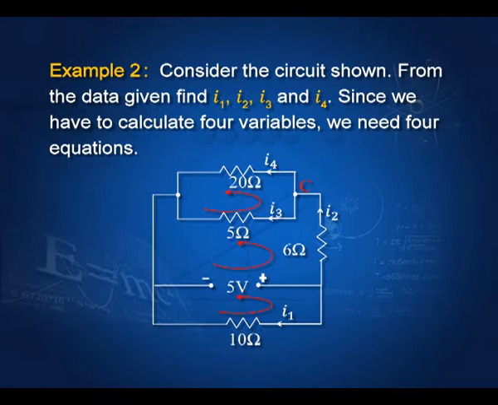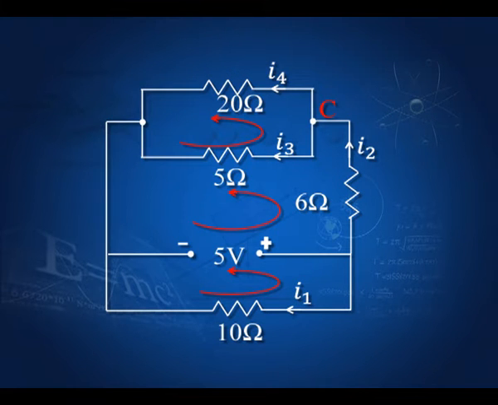Again consider this circuit. As I said, we can use our discretion. In this case, I have taken all the 3 loops in the anticlockwise direction. The data is given: this is 20 ohms, this is 5 ohms, this is I4, I3, I2, I1 and like that, and this is 10 ohms, this is 5 volts. So, we shall use Kirchhoff's laws.